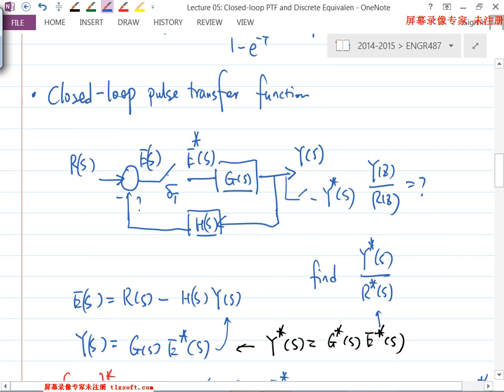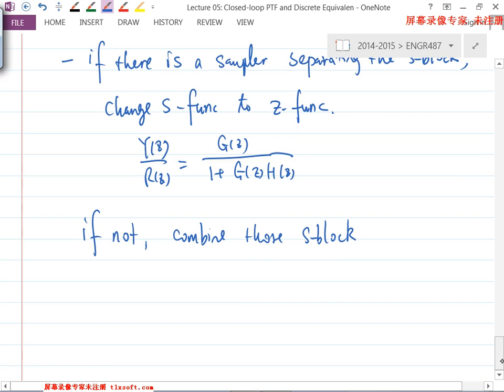Until the next sampler. After the combination of these blocks, then you change the S to Z for the combined one.